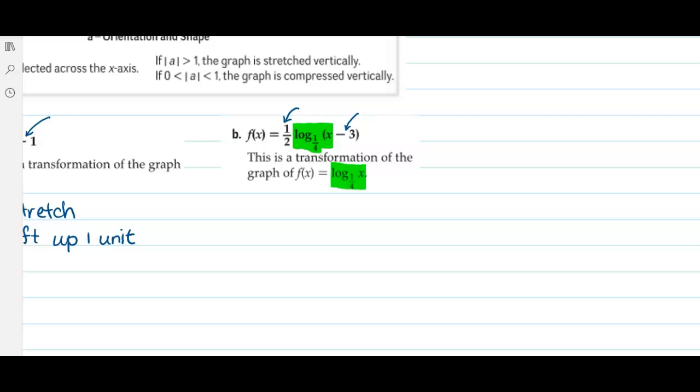And we're subtracting 3 within the parentheses with x. So the 1/2 is going to cause a vertical compression, and subtracting 3 is causing us to move right 3 units.